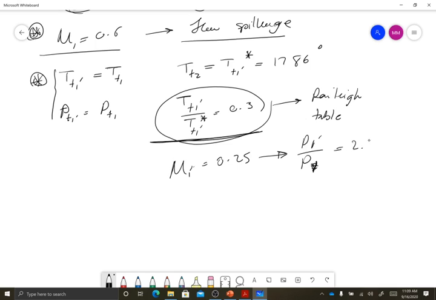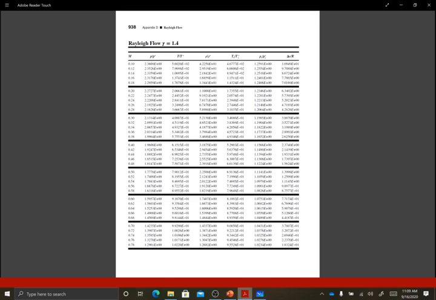I'm just going to copy whatever I have in my solution, but I think my solution has the wrong values. You're looking at the wrong column. This is the column we have to look at, right? Oh, total temperature, yeah, you're right. When coming to this table originally, we were talking about the total temperature ratio, not the temperature ratio, right? That was my mistake. So this is the value we're looking at.